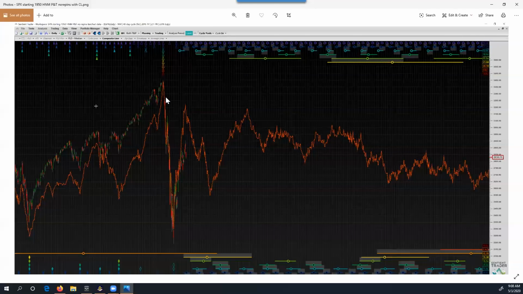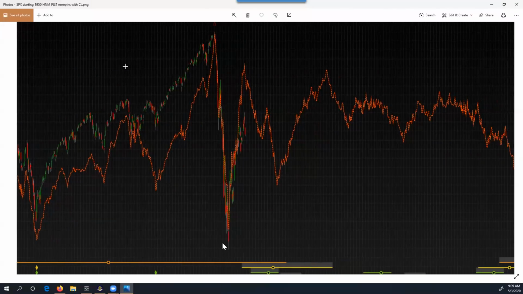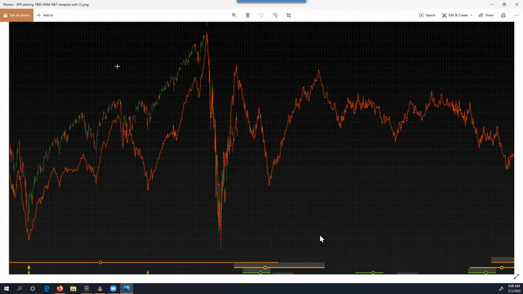And as I have been describing in recent webinars quite a bit, the composite line really only represents cyclic direction. There are 11 cycles that Hurst takes into consideration, all the way from 5 days up to 18 years, and the more of those 11 cycles that are pointing to the downside, the composite line will be moving to the downside.